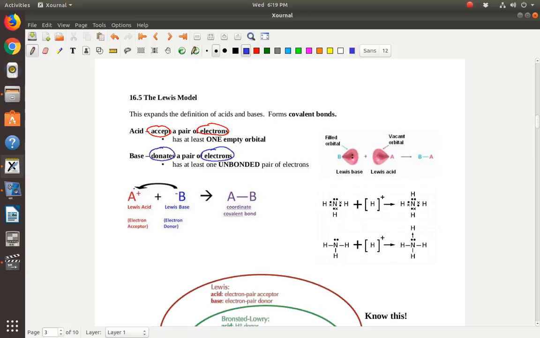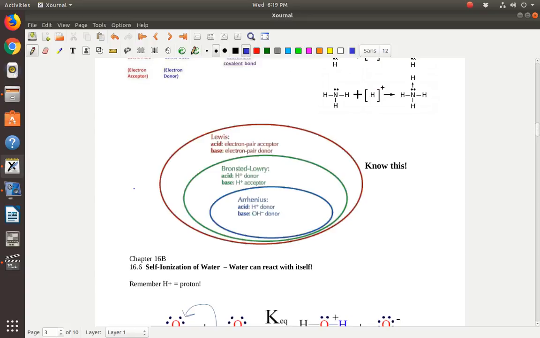So that's the Lewis model. You really need to know that the Arrhenius model is a subset of the Bronsted-Lowry model, and the Bronsted-Lowry model is a subset of the Lewis model. So the least amount of things are defined as acids and bases in Arrhenius, more things in Bronsted-Lowry, and the most things in the Lewis model. We will also review some of that.